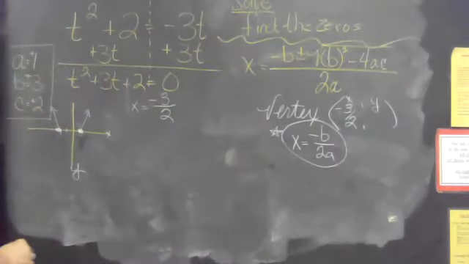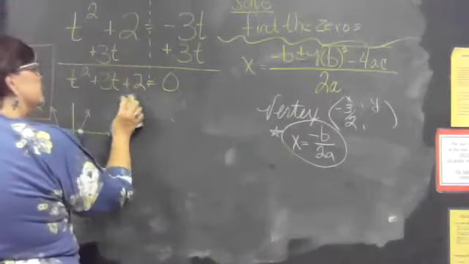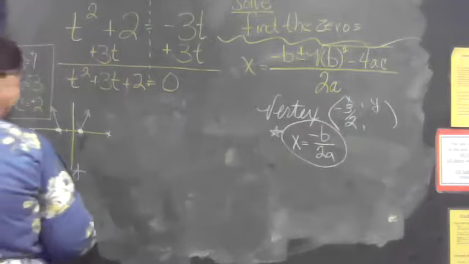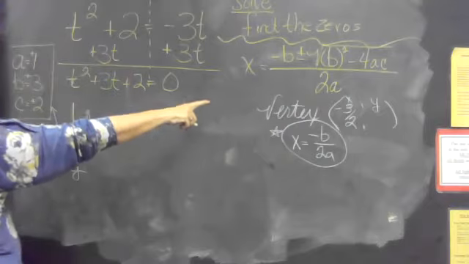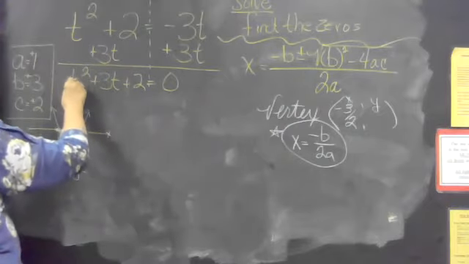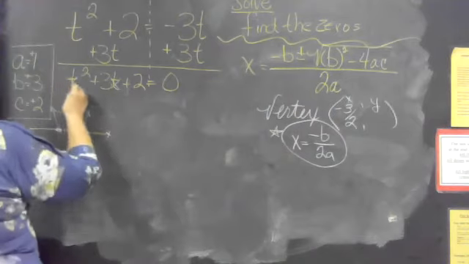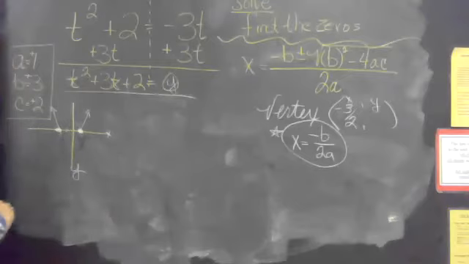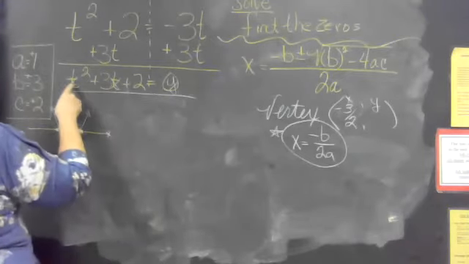Okay? Now, to find the other part, the y part, we simply put in the negative 3/2 in every place that there's an x or t or whatever. Because this we can consider y for right now. Okay, so we have x squared.